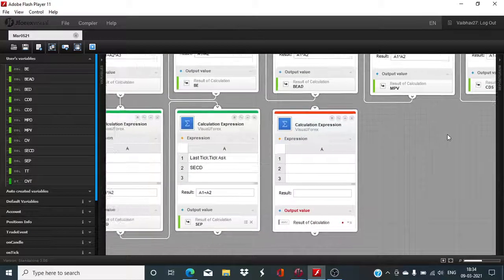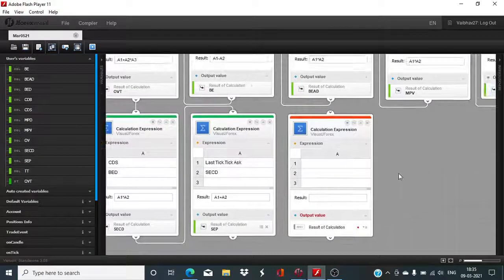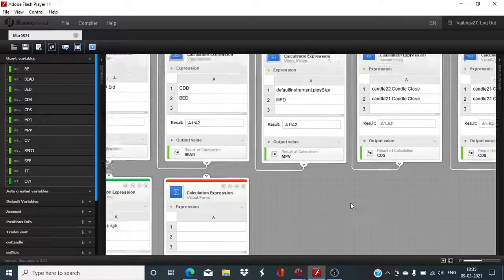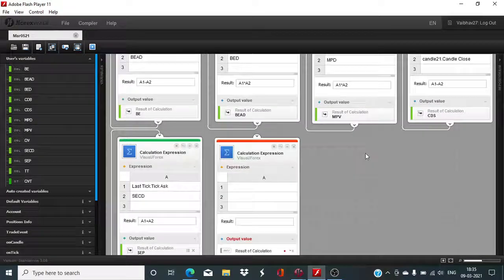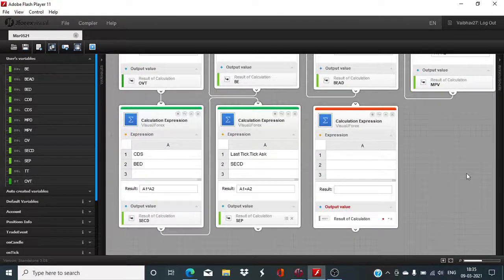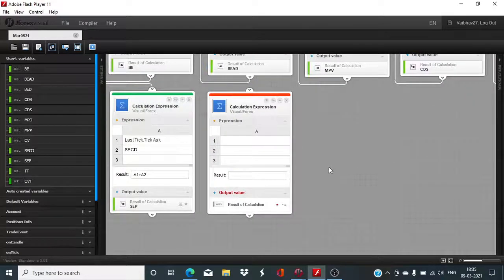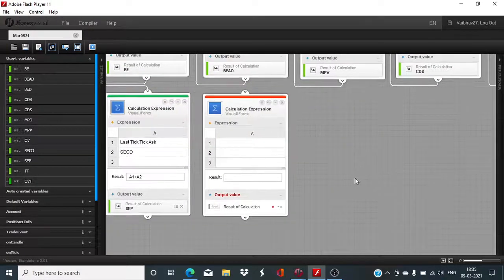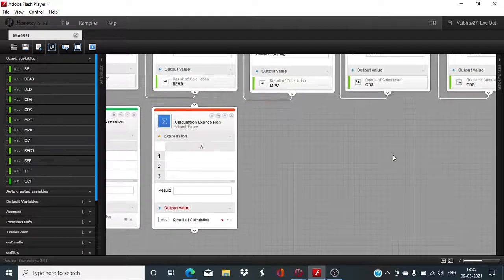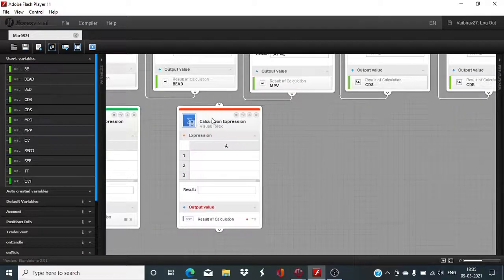So far we have done these two variables newly, and I think we are good to start adding the inside if blocks, and later on we will also have to define the stop loss and the take price, and we will do it once the sell side structure is ready.